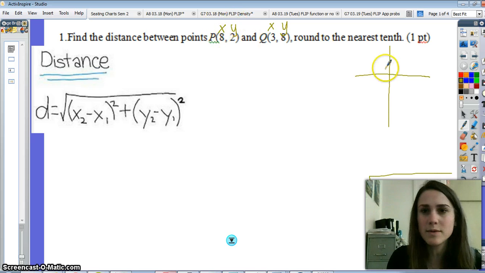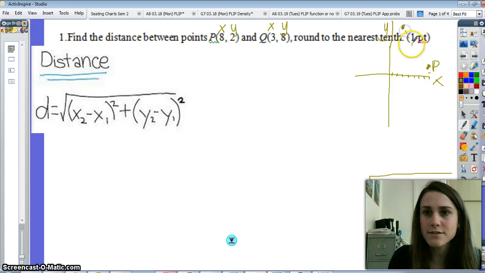So this first point P would be 8 in the positive x direction, 2 in the positive y direction. That would be P. Q would be 1, 2, 3 in the x direction, 1, 2, 3, 4, 5, 6, 7, 8 up here in the y direction. Remember, we have our x-axis and our y-axis. Okay, so we're being asked to find the distance between these 2 points.